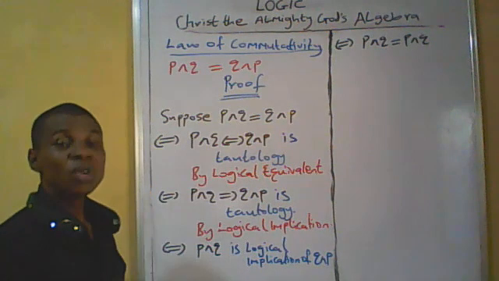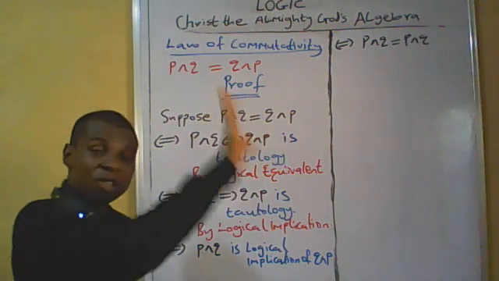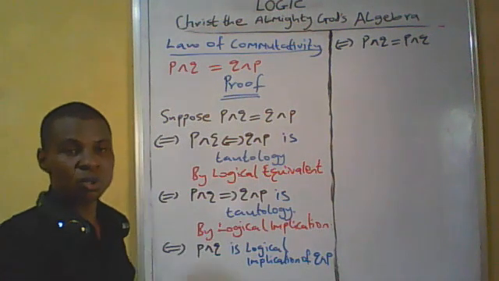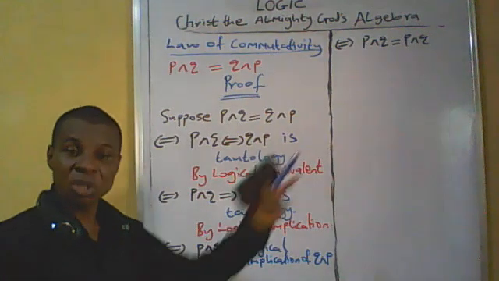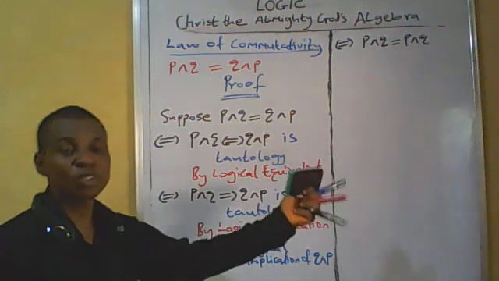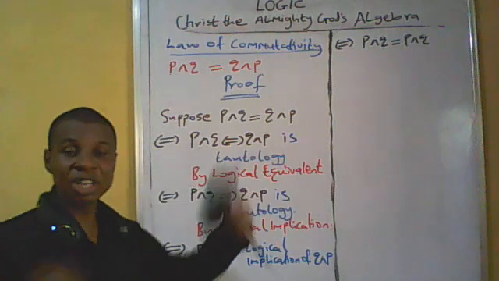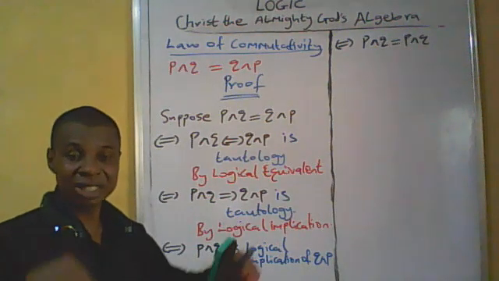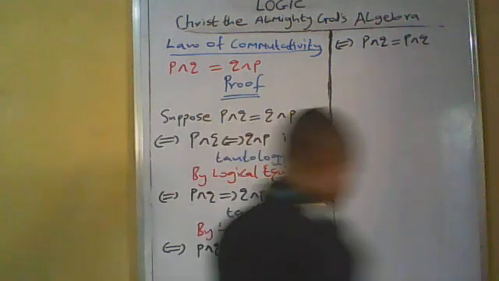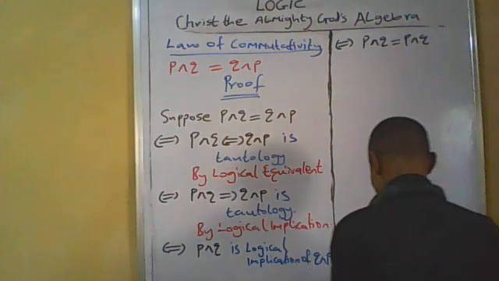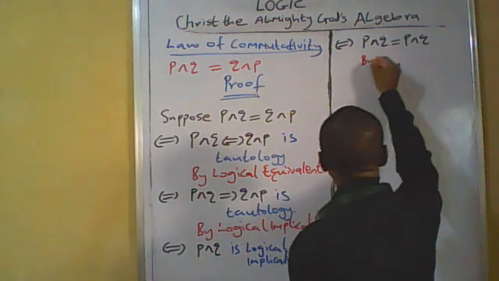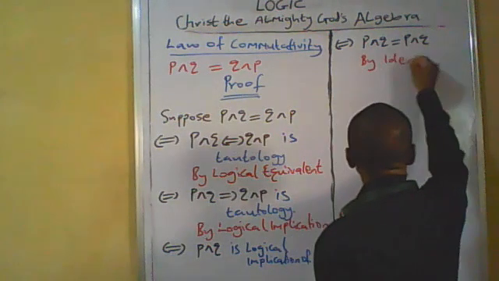In the same vein, whenever the right hand side is false, the left hand side is also false. We say that it is logically equivalent. So it is true, being justified by identity, that means the sameness.